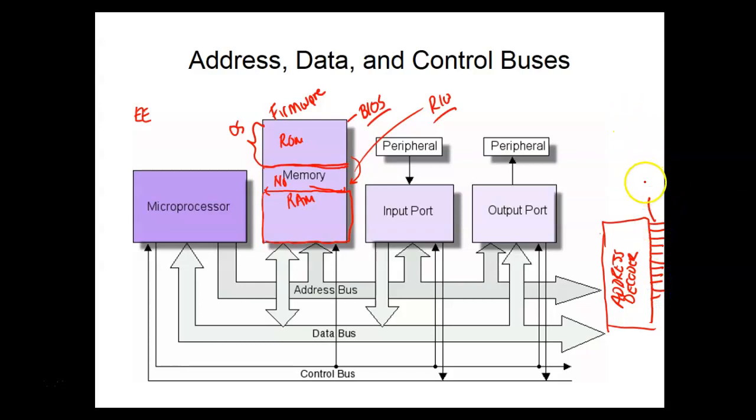So this one right here might be what? This over here might be input 0.0, right? Because this address bus right now, I think we're up to 64 bits on our address bus. Data bus, we're at 64 bits here. I need to go check on the size of this bus right here now.